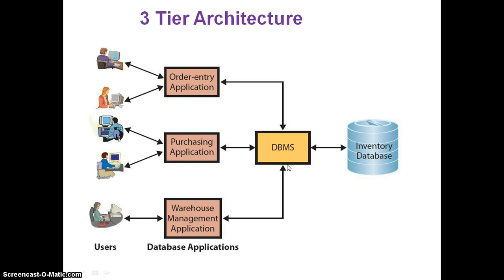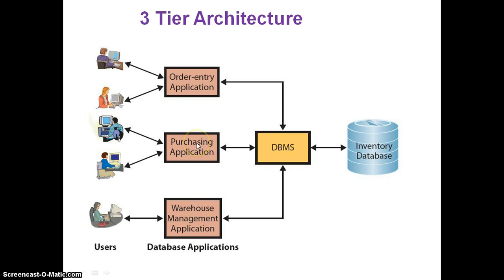So let's see how this looks at the architecture level for Windows database applications. We have many users who interact with the database through many applications, like an order entry application, a purchasing application, or a warehouse management application.